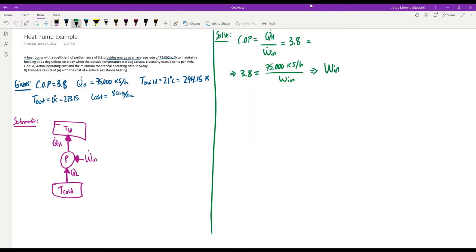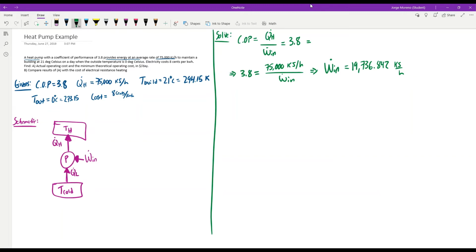I'm just going to keep the units as kilojoules per hour. I'm not going to convert it quite yet. So that means W in is 19,736.842 kilojoules per hour. So that means that this value is the actual power input to obtain the QH value with the given coefficient of performance.